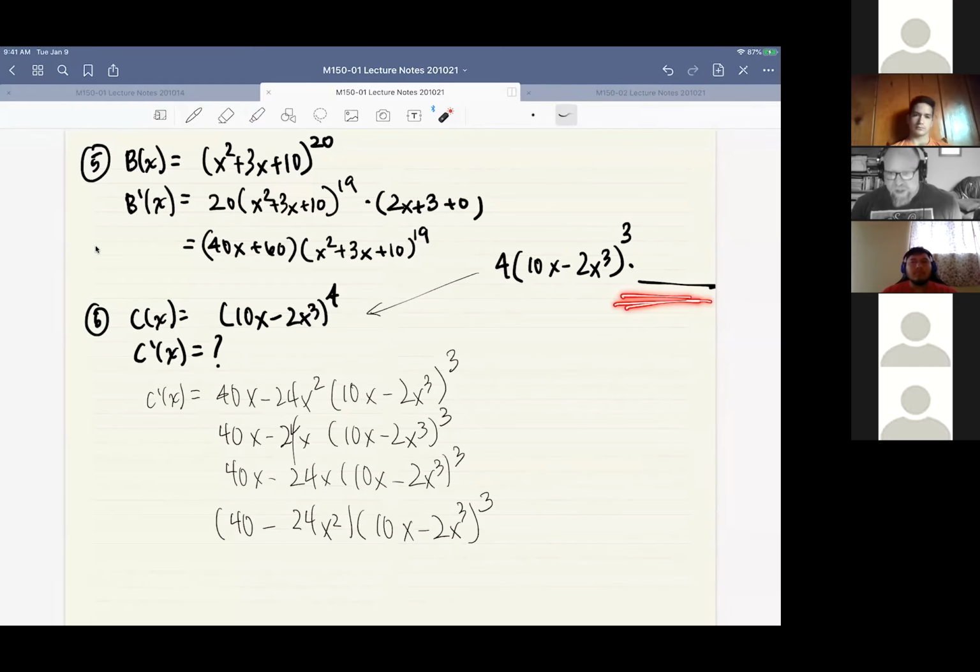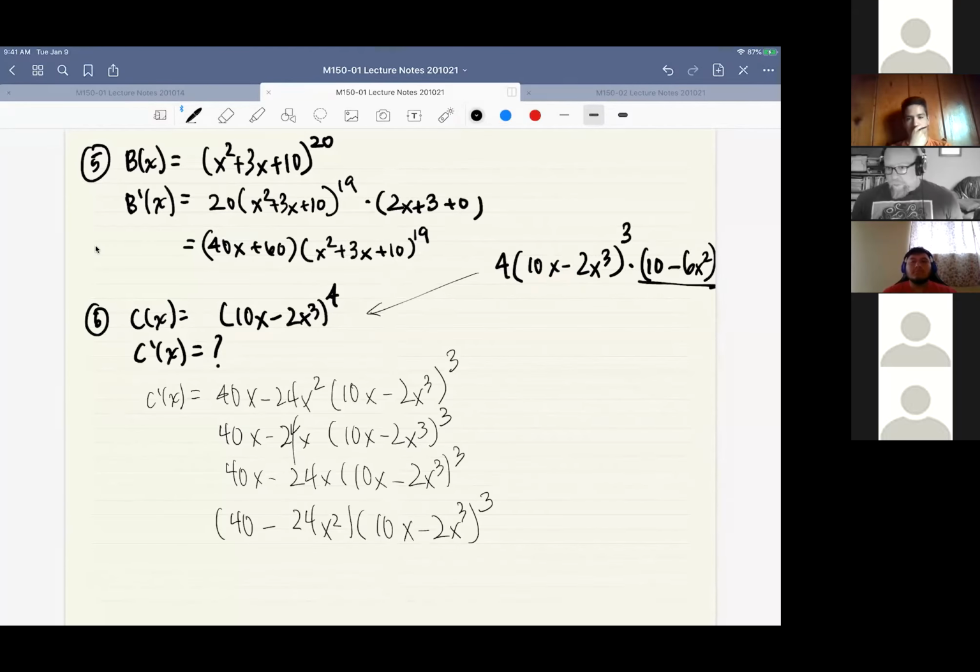I'm going to put this here because I know I'm going to have to put a derivative in there because of the chain rule, because this is a complicated thing, one function composed with another function. So now I need to put the derivative of the inside. I can do this term by term. The derivative of 10x, I know that's 10. And then I'll do a minus the derivative of this thing, 2x cubed, and that's 6x squared.